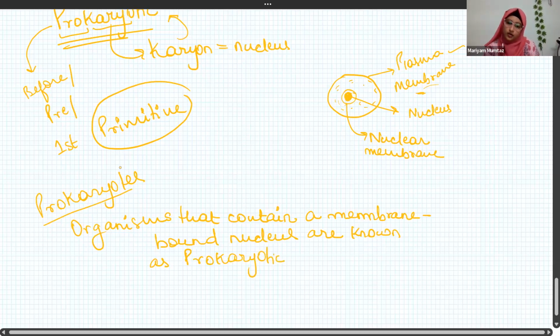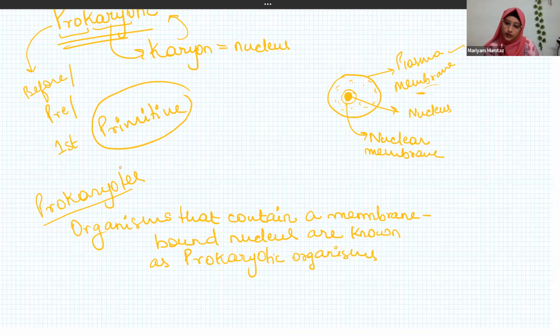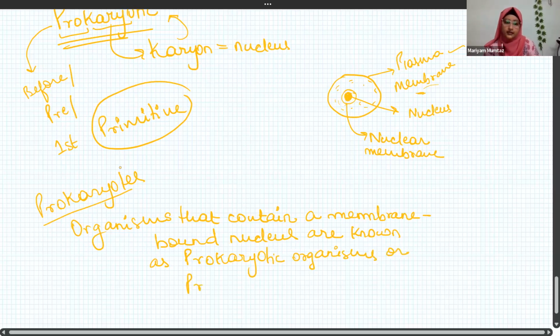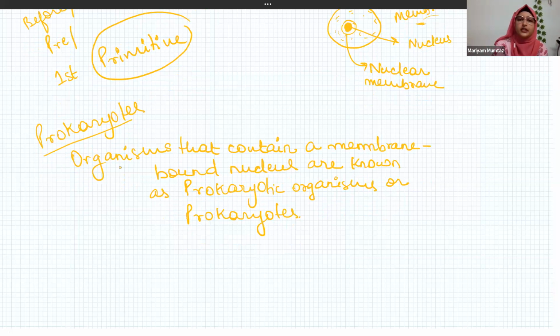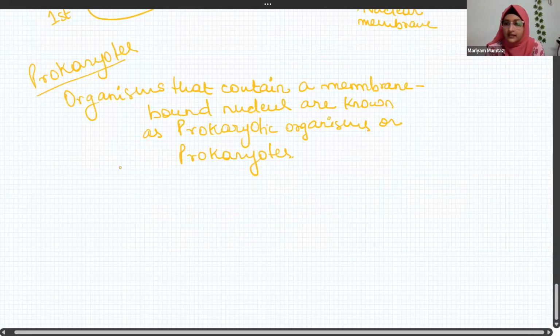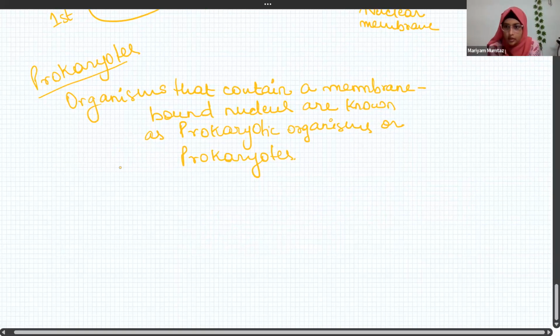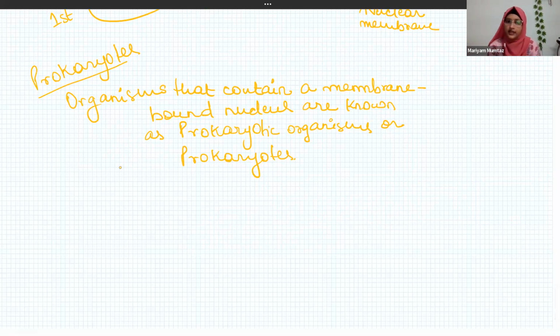Rima, write it down. Is this clear to you? Are you able to understand this now? Yes. Okay, very good. Now, all those organisms that have membrane on the nucleus are known as prokaryotes.